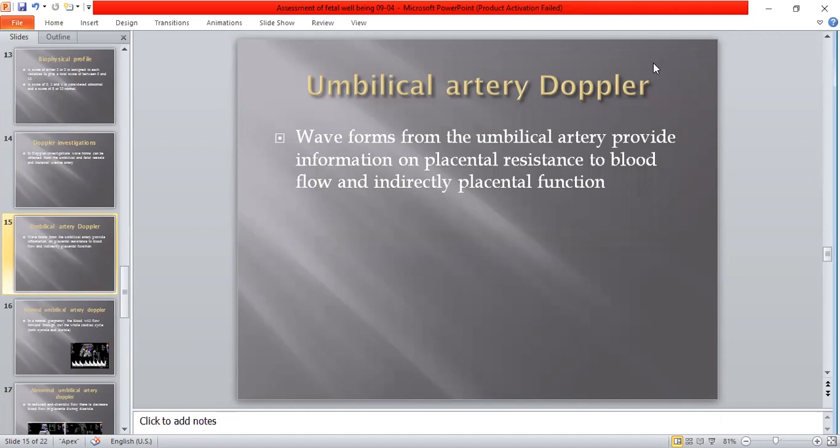Umbilical artery Doppler: waveforms from the umbilical artery provide information on placental resistance to blood flow and, indirectly, placental function.